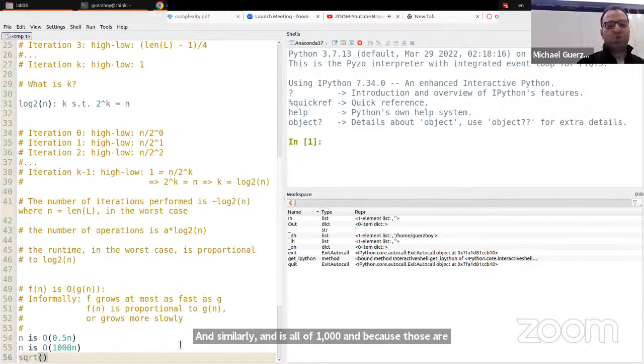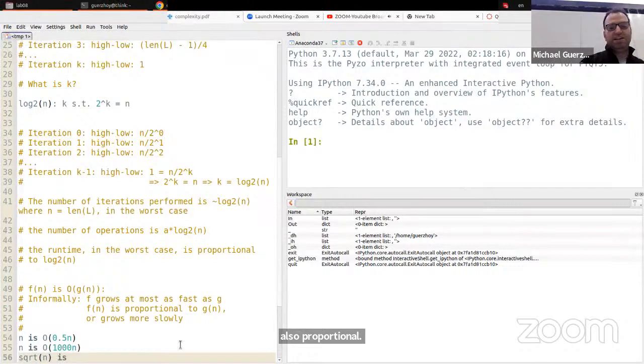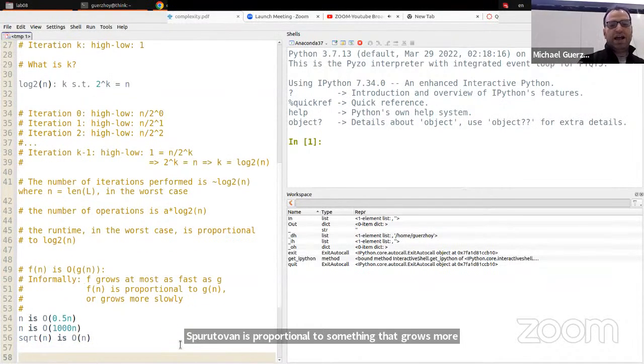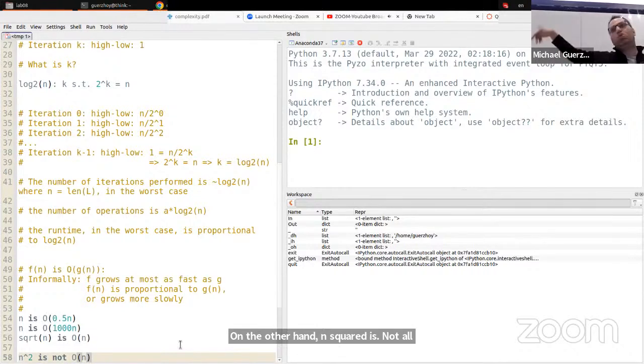And for example, square root of n is O of n because square root of n does not grow as fast as n, right? So square root of n is proportional to something that grows more slowly than n. On the other hand, n squared is not O of n because n squared grows faster.